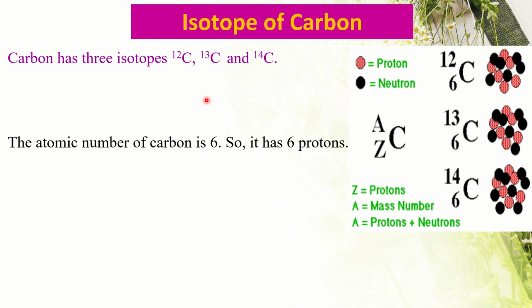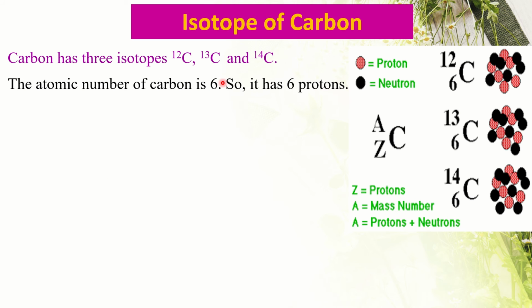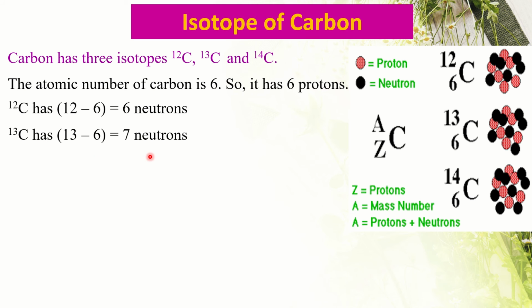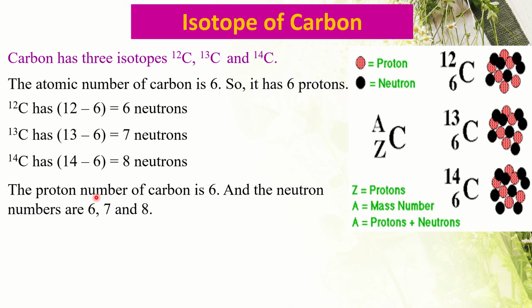So carbon has 3 isotopes and all of them have atomic number 6 because it has 6 protons. But carbon 12 has 6 neutrons, carbon 13 has 7 neutrons, and carbon 14 has 8 neutrons. The proton number of carbon is always 6, but their neutron numbers are 6, 7, and 8.